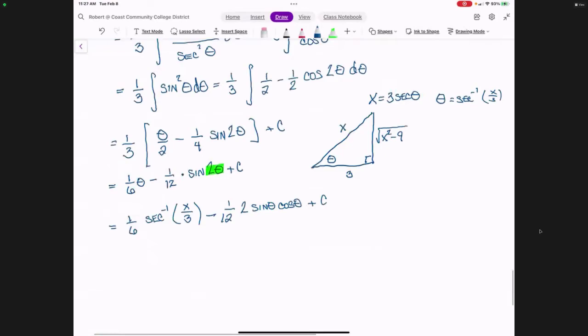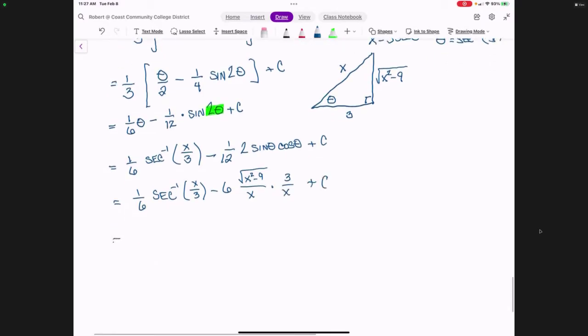So now we just use the triangle again. The sine of theta is this number over that. The cosine of theta is 3 over x.